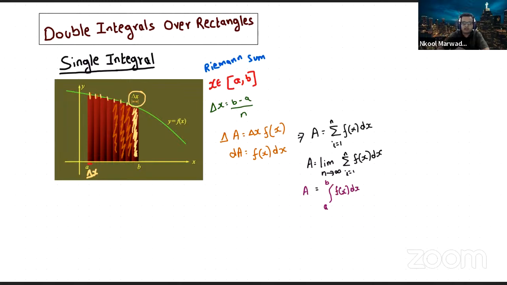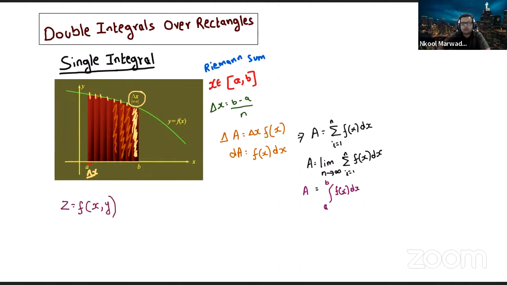Because we know that a single variable function will always represent a curve on a plane. But a function with two variables will represent a 3D figure, a solid object. Why is it so? Because z is equal to f of x comma y, a function with two variables.